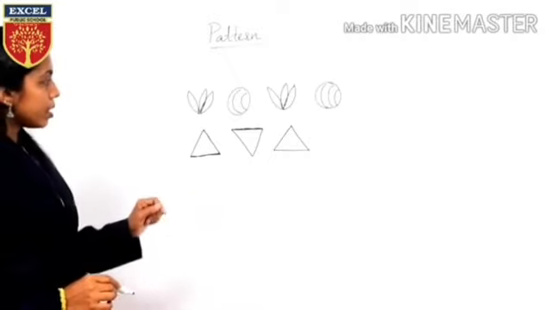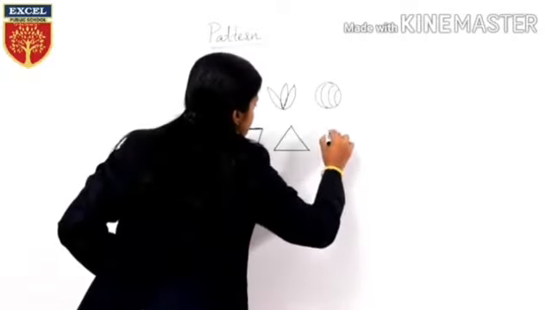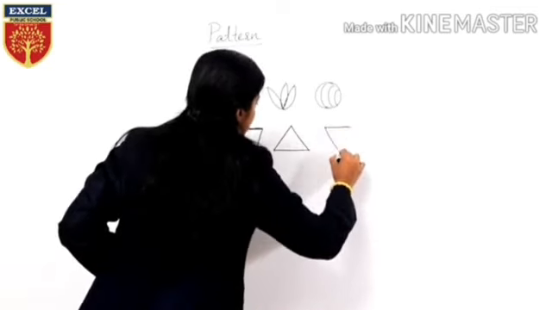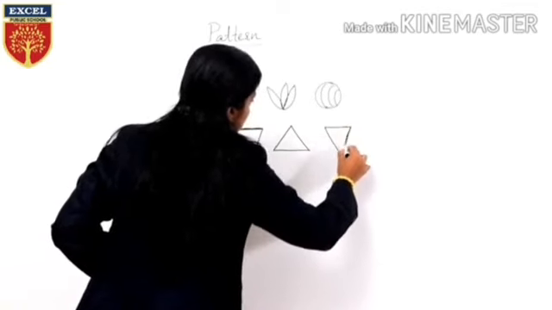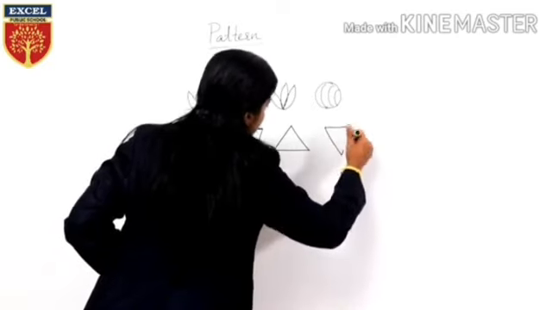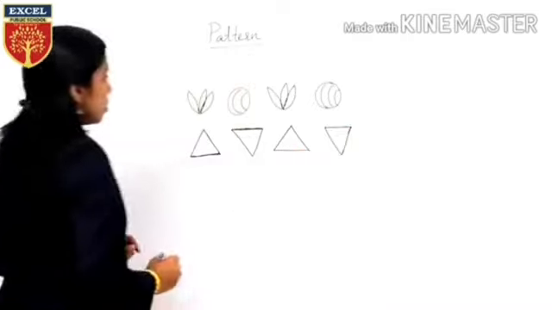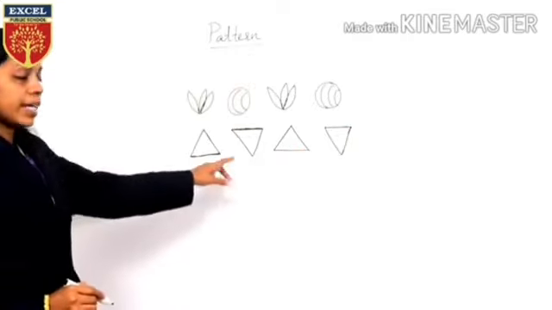What will be the next one? Yes, this is the next one. Here also you can see a pattern followed by a rule.